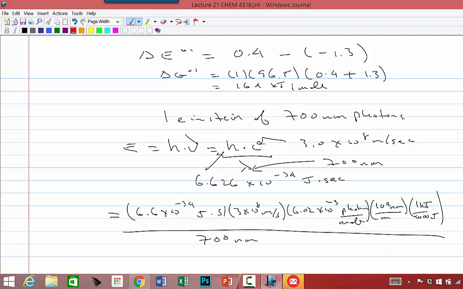Let's cross these things out carefully. Meters, seconds, joules, nanometer, photon.